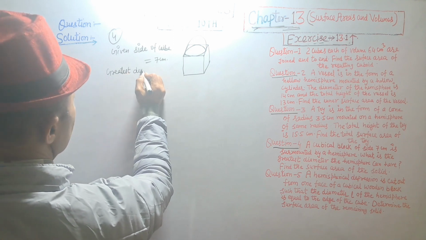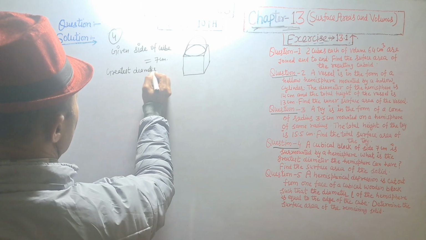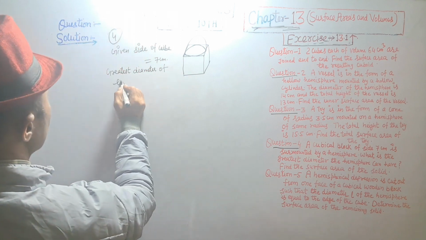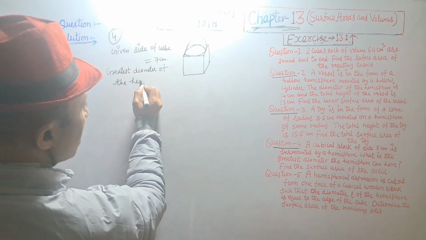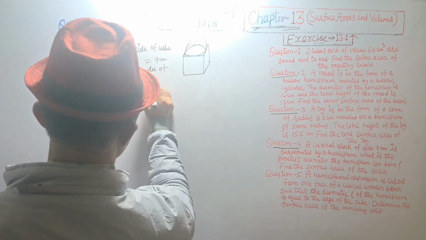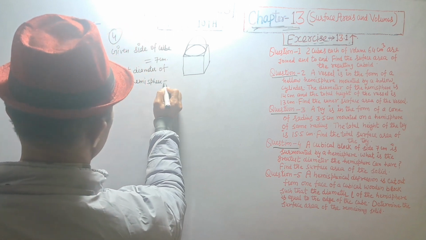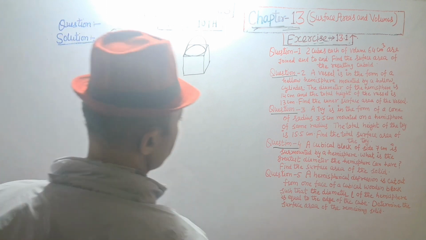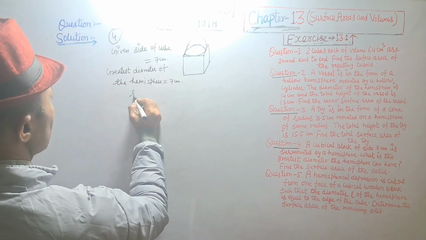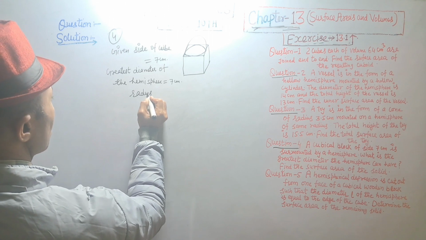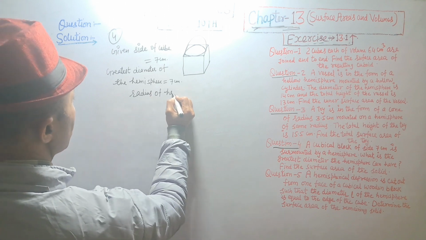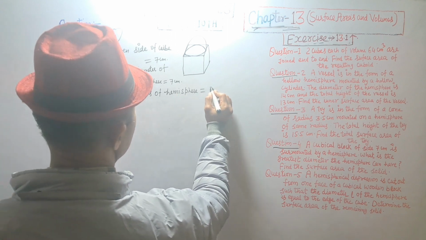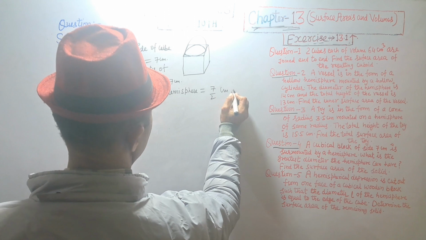Greatest diameter of the hemisphere is equal to 7 centimeter. Radius of hemisphere, that is equal to 7 upon 2 centimeter.